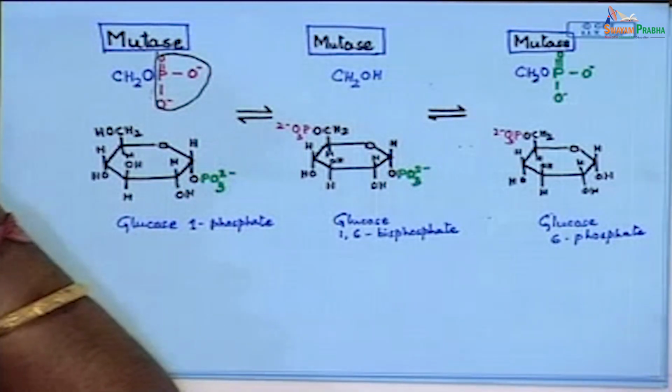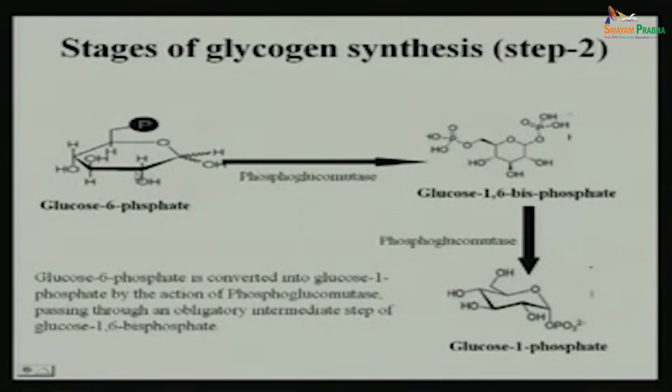So glucose 6-phosphate, with the donation of the phosphate group from this particular mutase enzyme, becomes glucose 1,6-bisphosphate. That means the 1 position and the 6 position are phosphorylated.